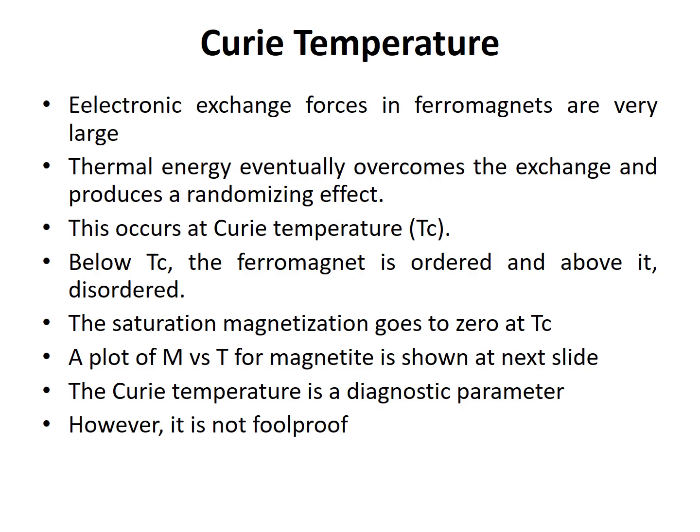So actually I want to develop a base for moving to my next topic. Here I want to explain that there are electronic exchange forces in ferromagnetic materials. But in the case of paramagnetic materials, the magnetic moments or domains are independent from each other.